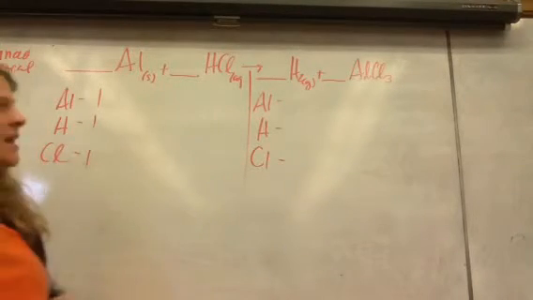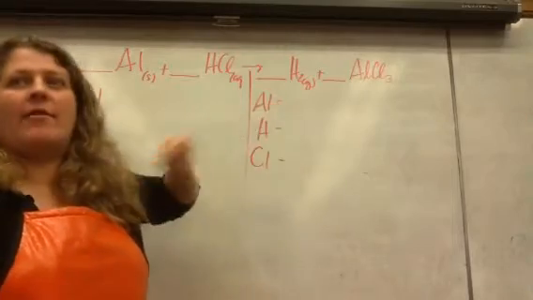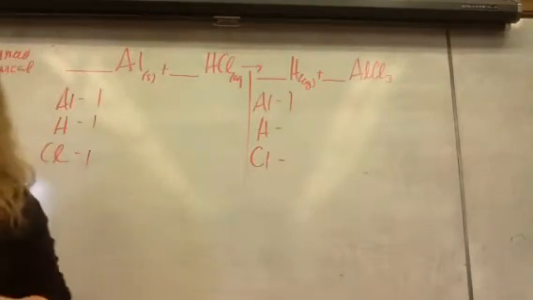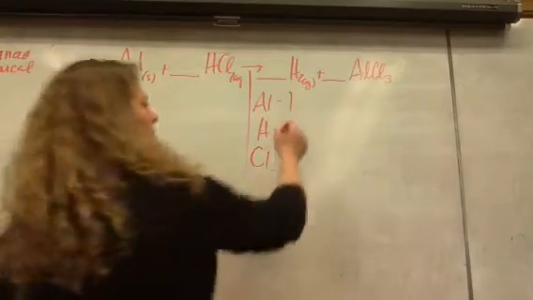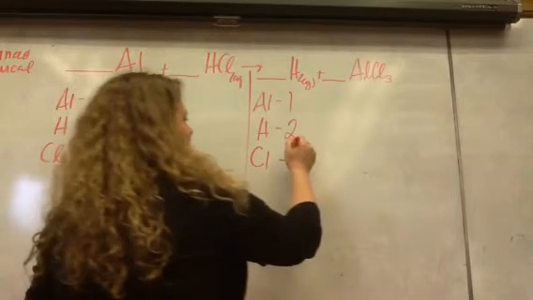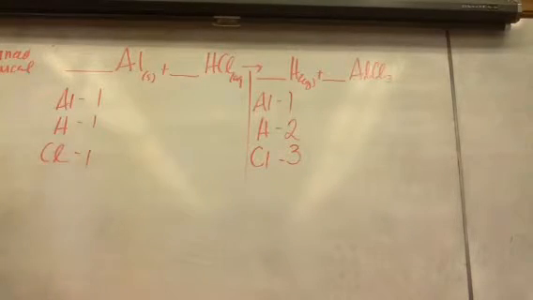Okay. How many moles of aluminum do I have over here? How many moles of hydrogen do I have over here? 2. How many moles of chlorine do I have? 3. Okay. So, balancing equations is largely trial and error, but there are a few general things to do.